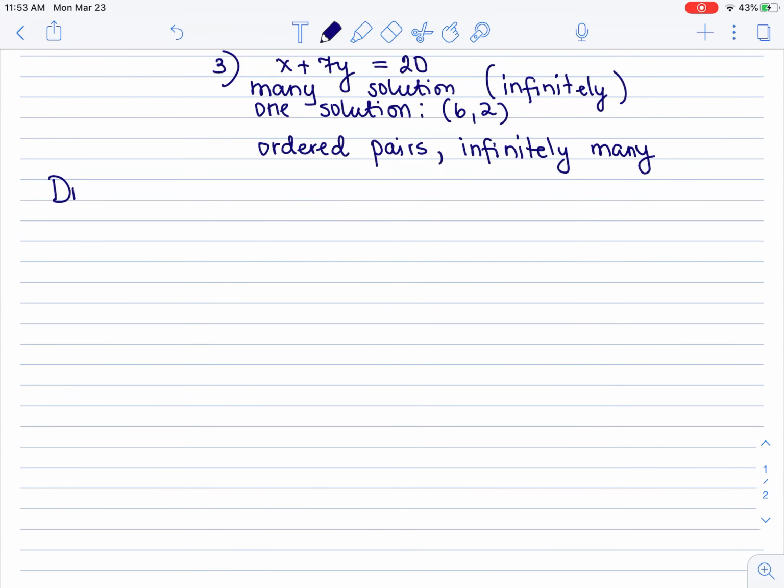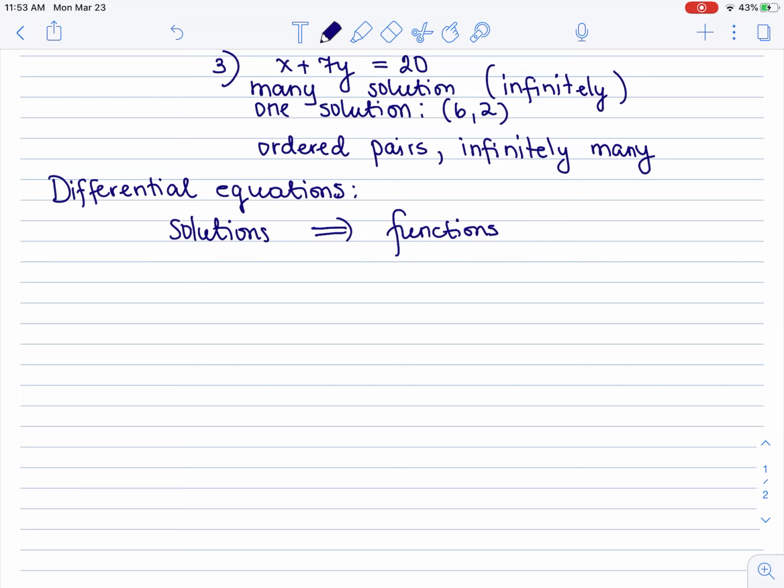So in differential equations, a big difference here. The solutions are not numbers. Solutions are functions. Whole families of functions sometimes.